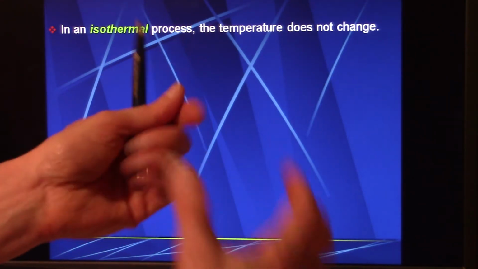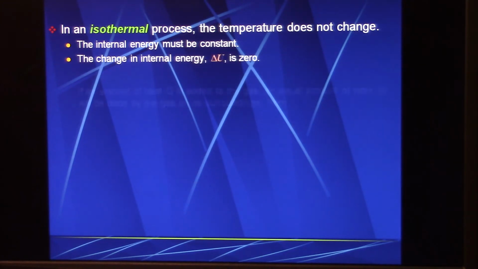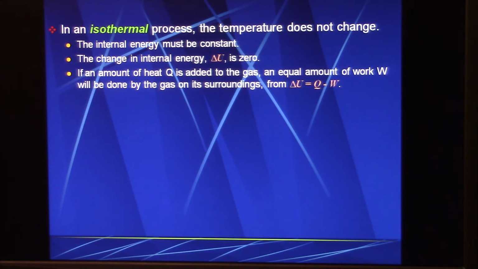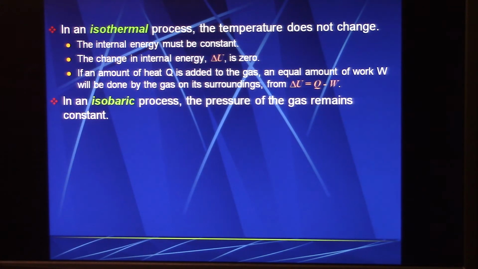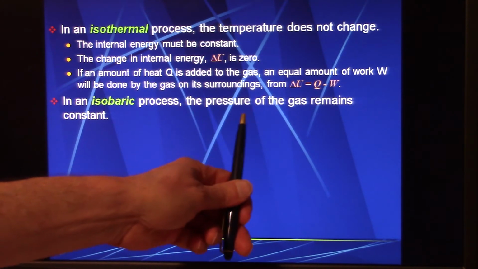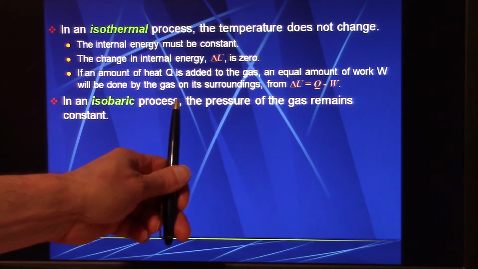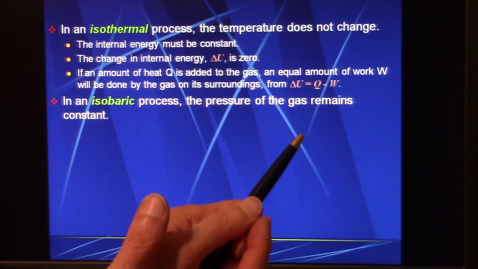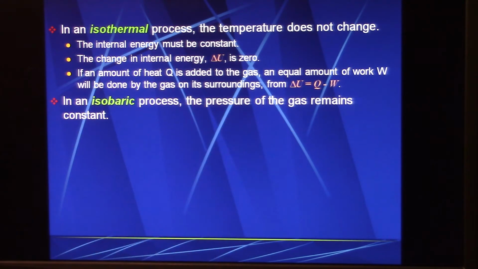Isothermal means you have a system where the temperature doesn't change, but your pressure and your volume can. And isobaric, here, the pressure of a gas would remain constant. So in an isobaric process, pressure would remain the same, but then your temperature and your volumes could change.